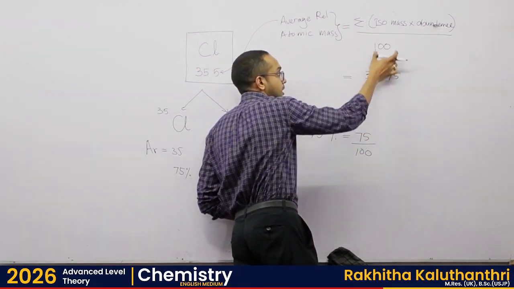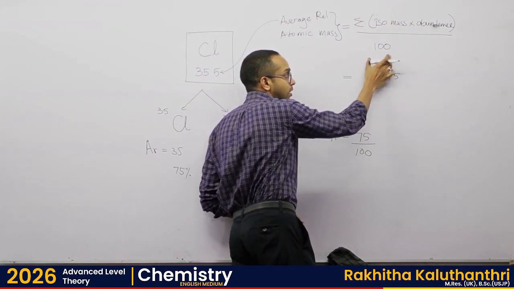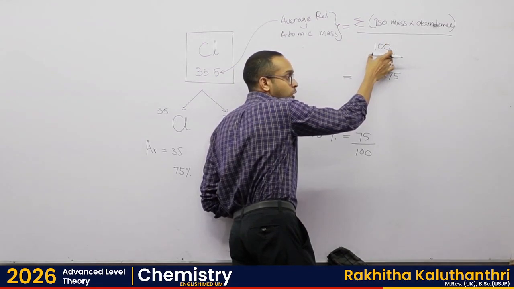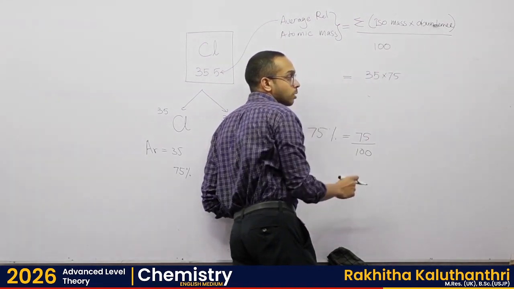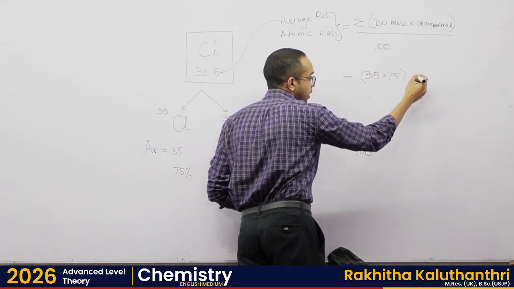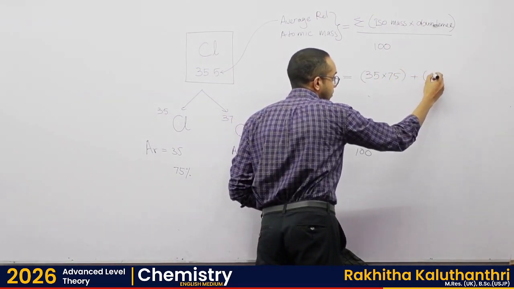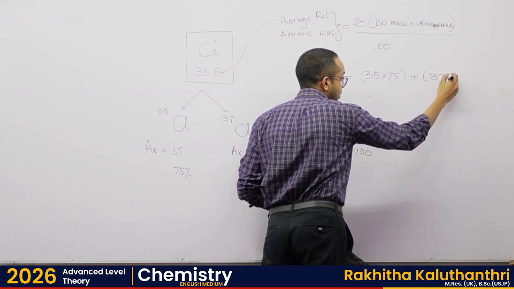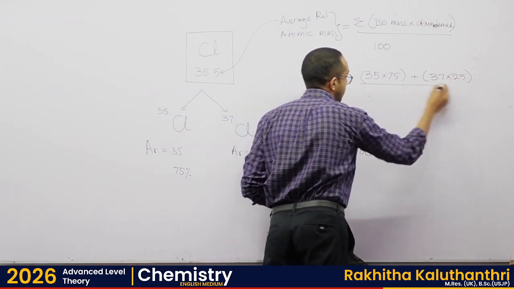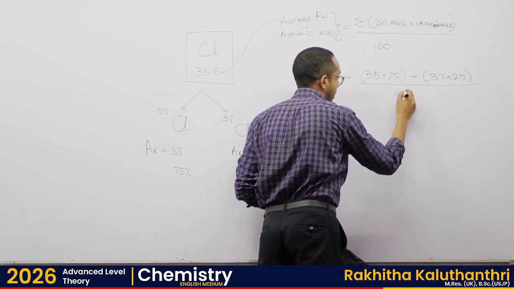In the expression we have written, we have already taken the 100 denominator out since it's a common denominator. So we can just write 75 over here and move on to the next one. We have 37 multiplied by 25 and then divided by 100.